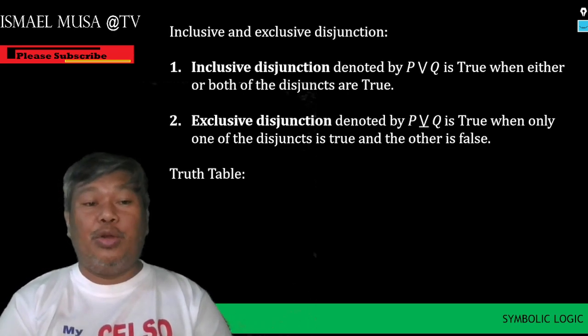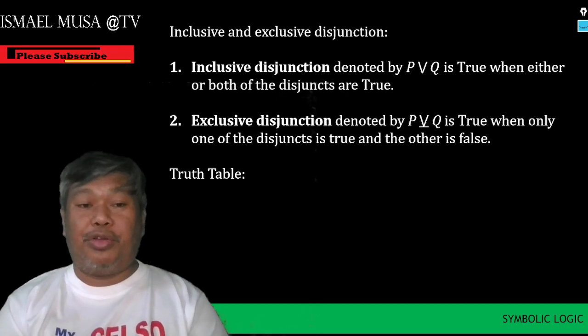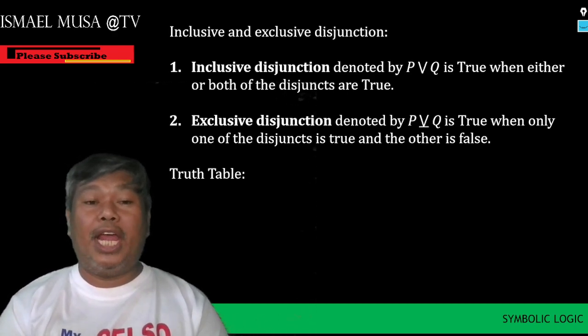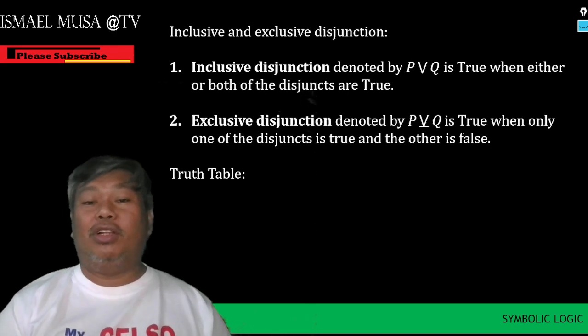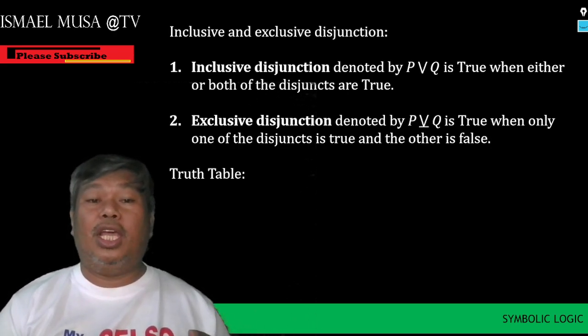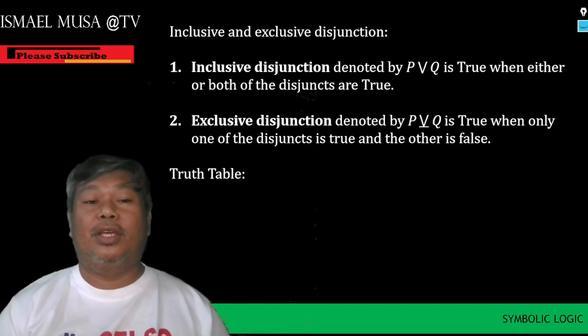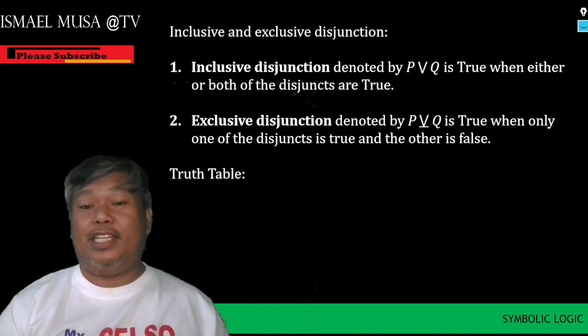The inclusive disjunction, denoted by P or Q, is true when either or both of the disjuncts is true. The disjuncts are each statement, each proposition. We call them disjuncts. So it requires at least one. If at least one or both is true, then that disjunction is true.